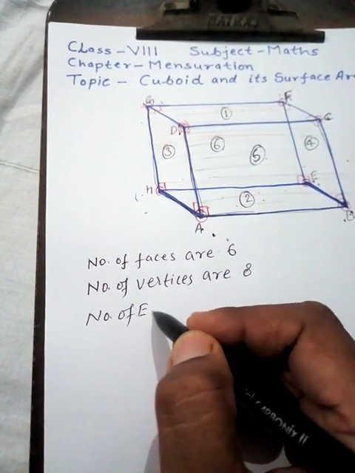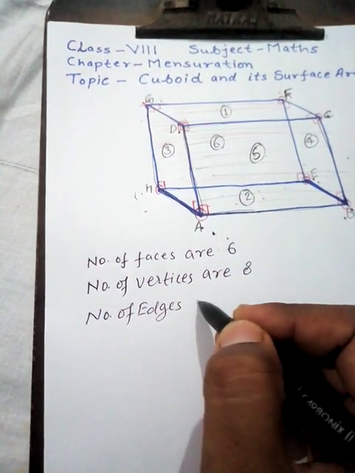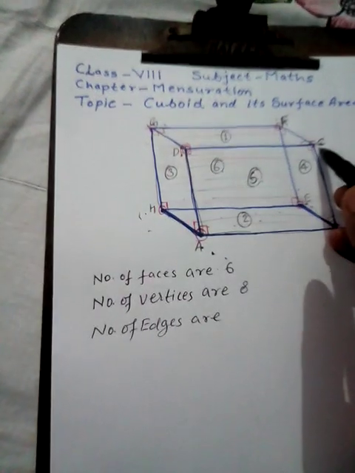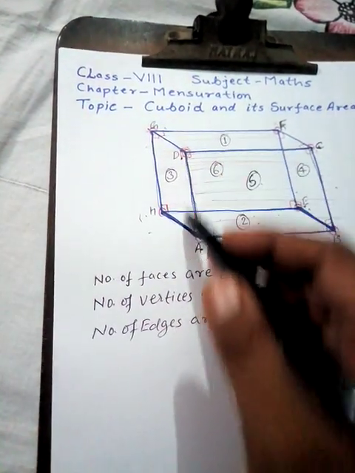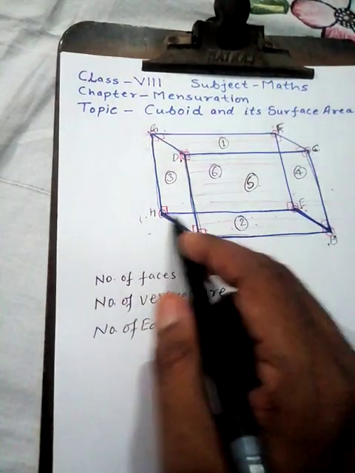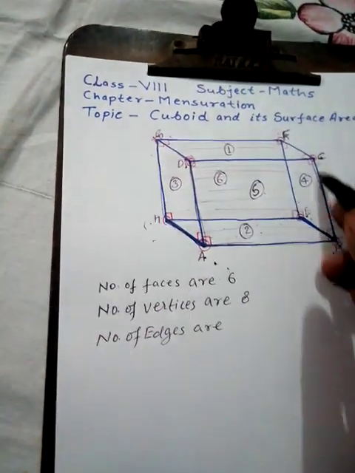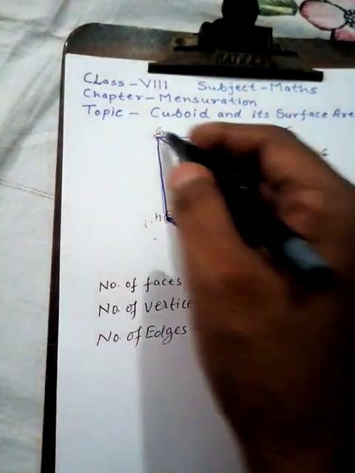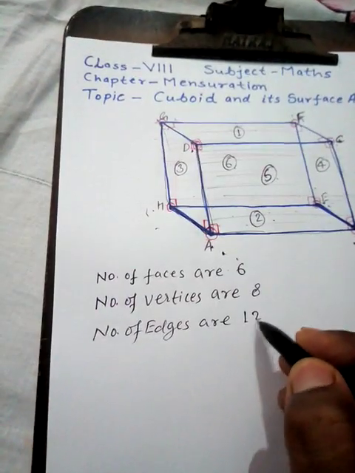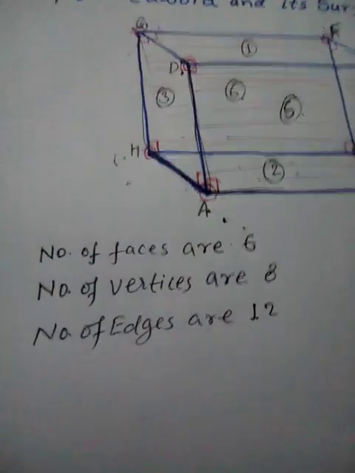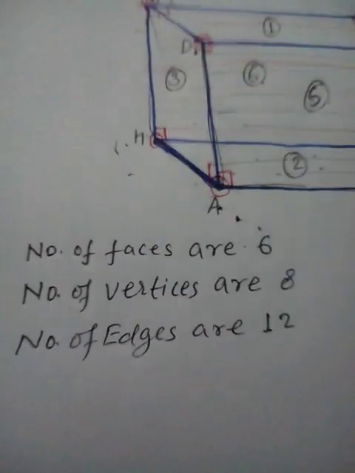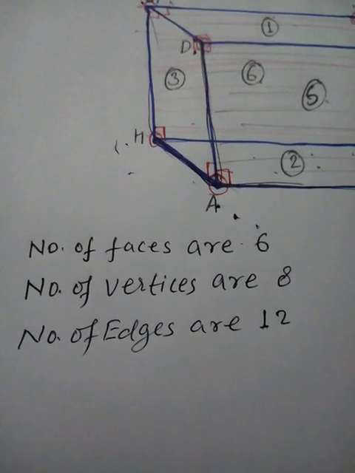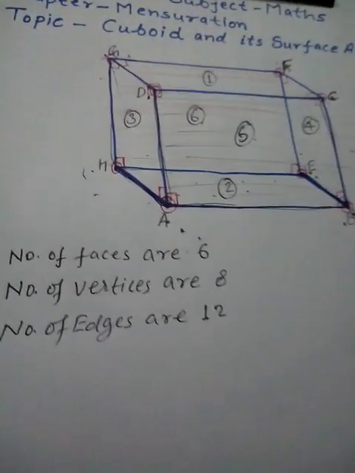What are edges? Edges means AB, BC, CD, DA, like that. 1, 2, 3, 4, 5, 6, 7, 8, 9, 10, 11, 12. In class 7 you have read about the number of faces, vertices, and edges. So these are the number of faces, vertices, and edges of a cuboid.